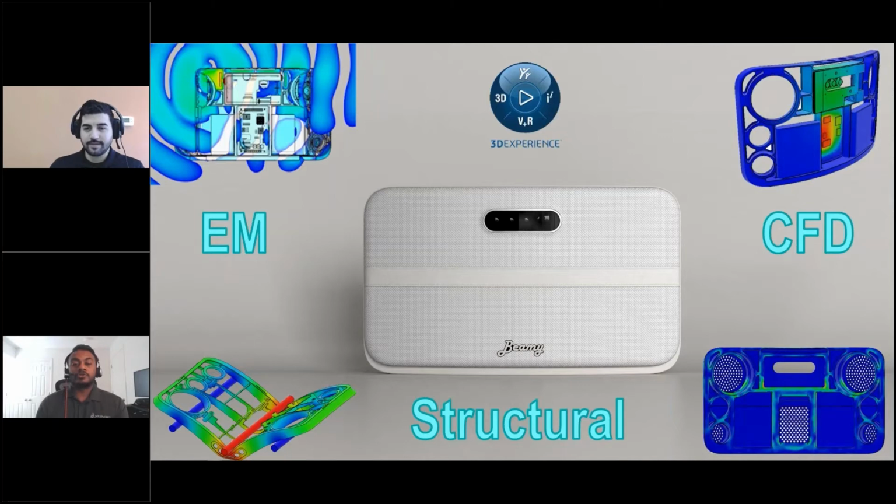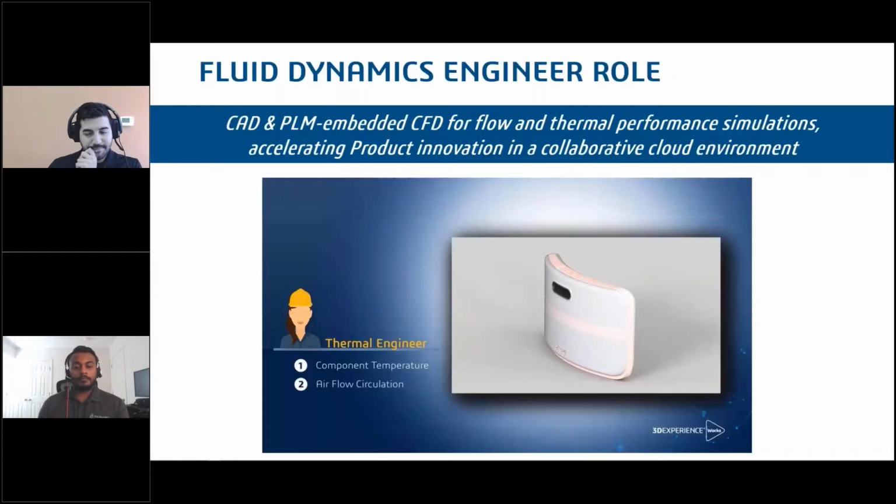All right. Awesome. So on the platform, for a CFD solution, we have our fluid dynamics engineer role. All of our products on the platform are called roles, and the reason why is because we believe that the tools and functionality that encompass the product should match your role, right? Sometimes engineers might have multiple roles, so they might have the fluid dynamics engineer role as well as a structural engineer role.